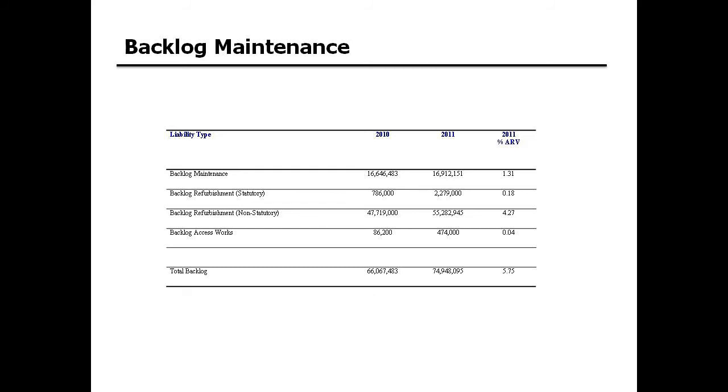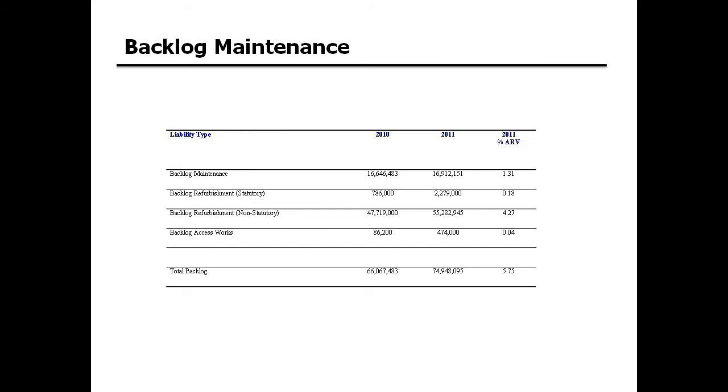So if we're reporting the maintenance on an annual basis, it might look something like this. So with backlog maintenance, we can see here that there's a total backlog maintenance in 2011 for this particular building, or this portfolio of buildings, of $75 million. And out of that, then it's broken up into general backlog maintenance of $16 million, backlog refurbishment, so that's got a statutory component to it.